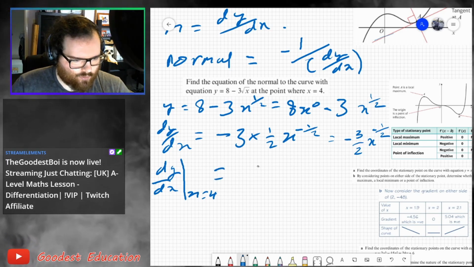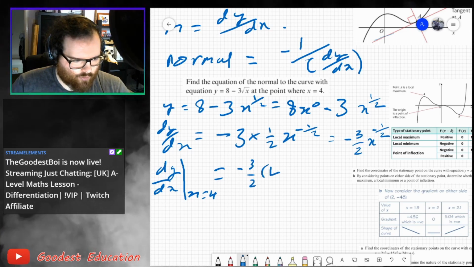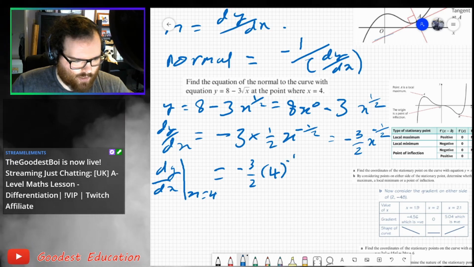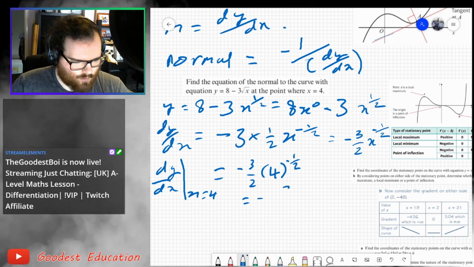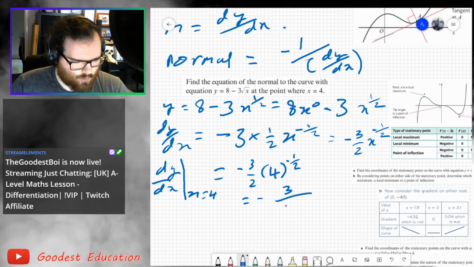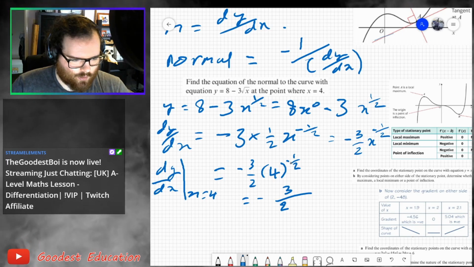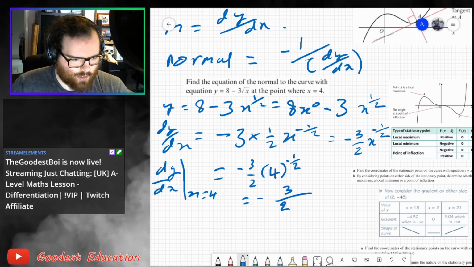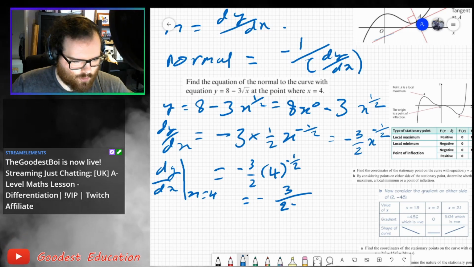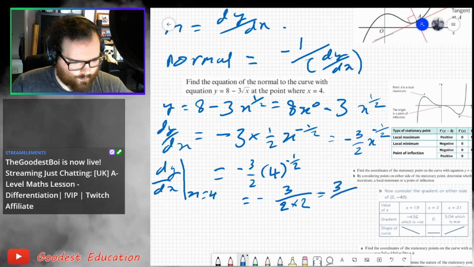So then we substitute 4 in, so it's going to be minus 3 over 2, then 4 to the power of minus a half, which is the reciprocal, so it goes into the denominator, and then the square root of 4 is 2. We have 2 times 2, and this is minus 3 over 4.